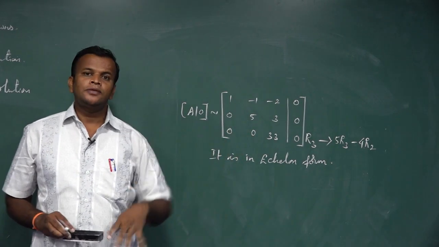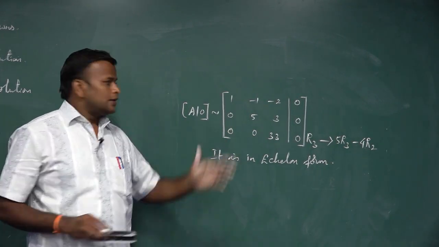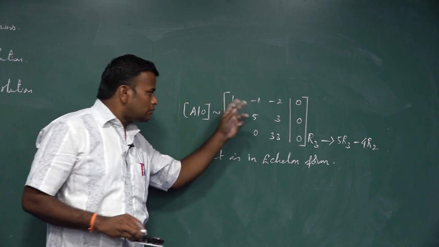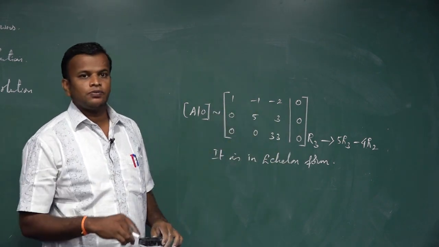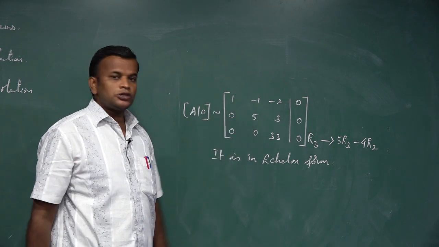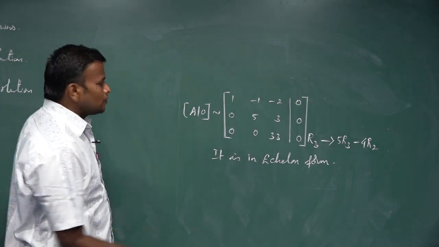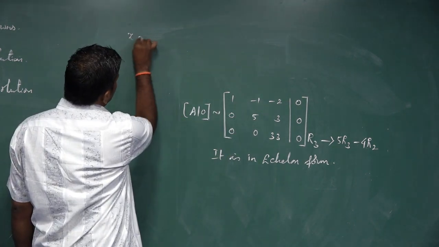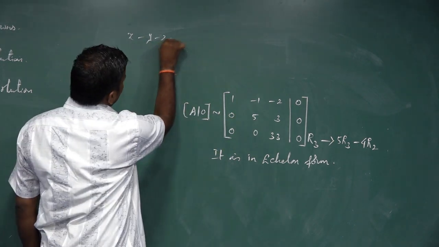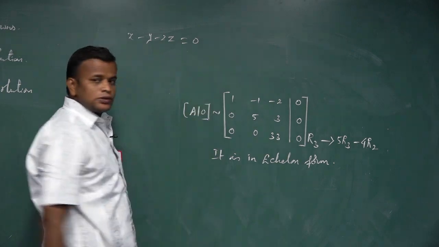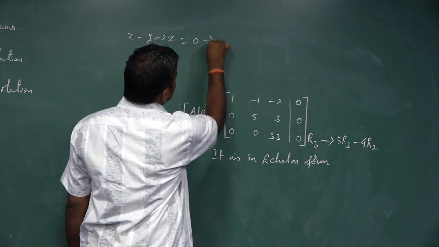The next step, we write the given system in equation form. Suppose we convert the matrix form into equations. What is the first equation? x minus y minus 2z is equal to 0. This is equation 1.